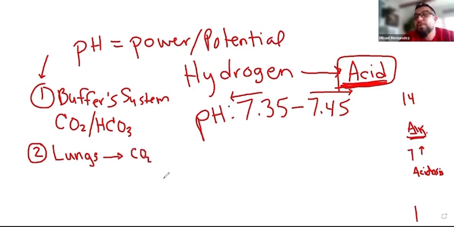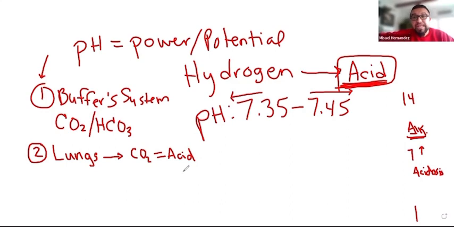And a little while ago, what did I say? Carbon dioxide technically equals acid, right? I'm not going to go into the explanation of how it influences hydrogen because I explained that already. But lungs can control CO2, which technically is acid. So your lungs can increase their respiratory rate and we get rid of acid.